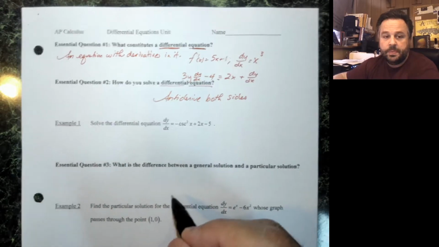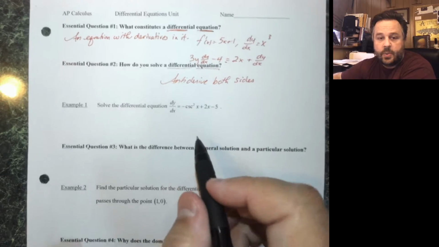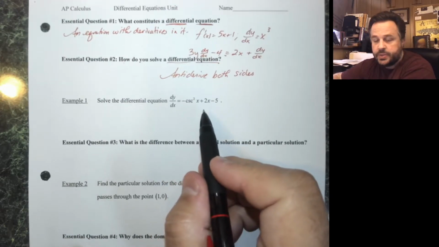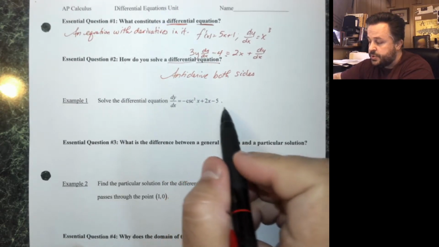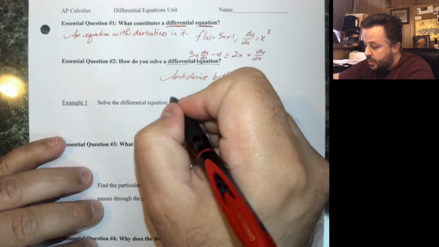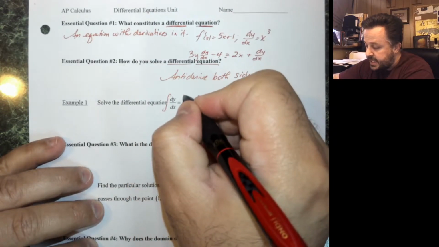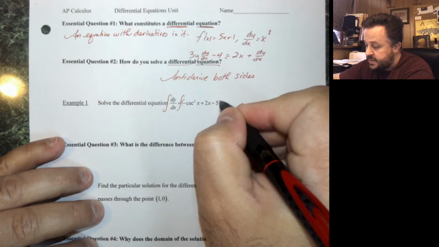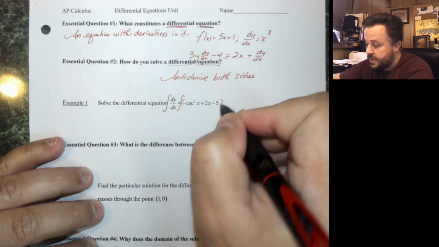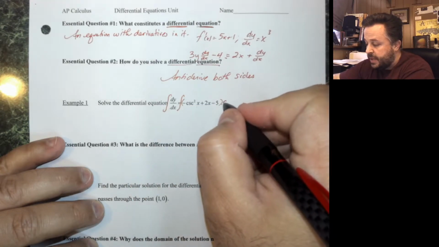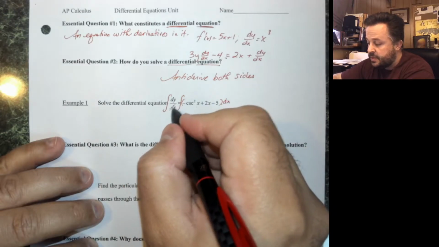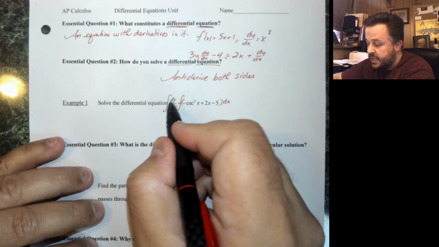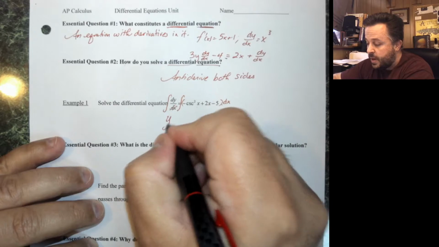So for example, if I gave you this differential equation, dy/dx equals negative cosecant squared of x plus 2x minus 5, we would go ahead and take the indefinite integral of both sides. Okay. We can go ahead and multiply by dx here. That'll take care of that on the bottom. So the integral of dy is y.